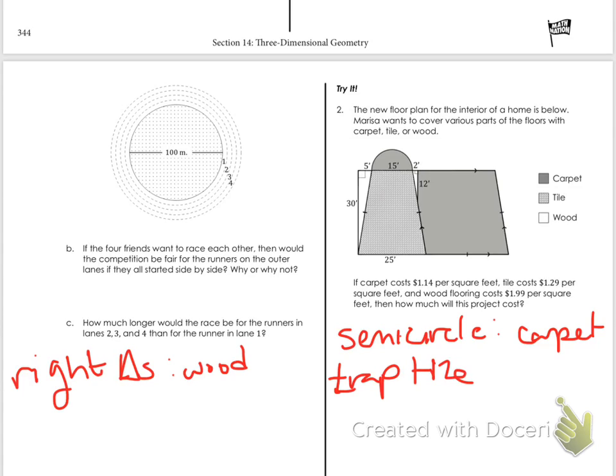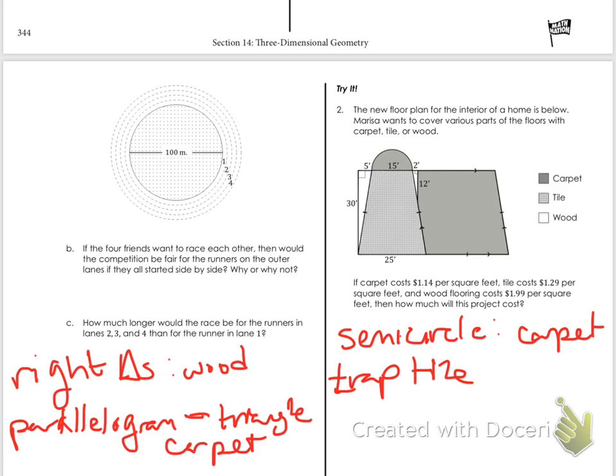So parallelogram minus triangle is going to be carpet. All right. So let's find the area of the tile part first.